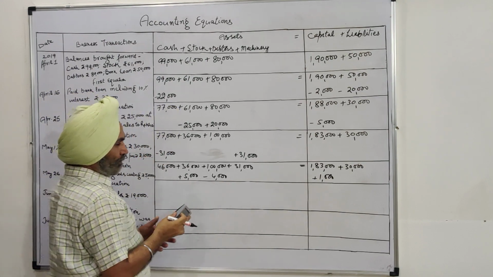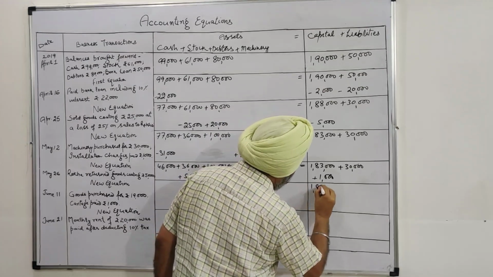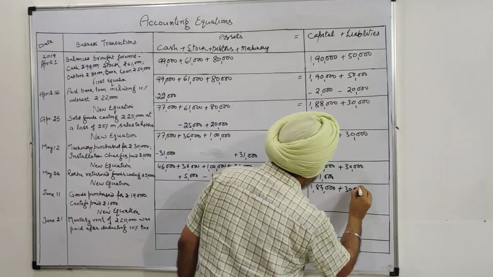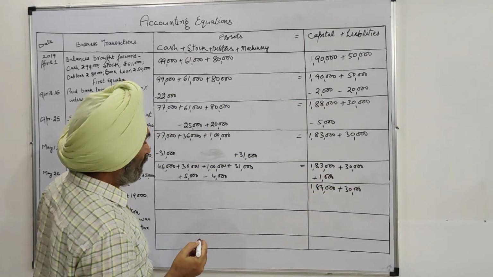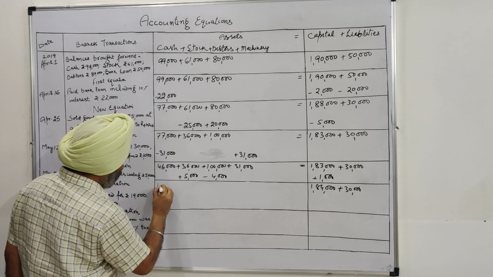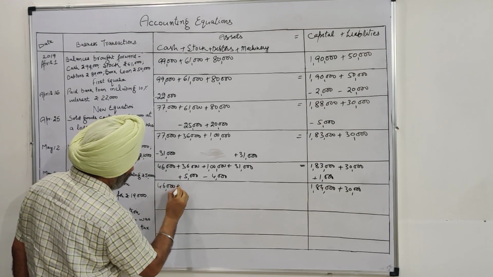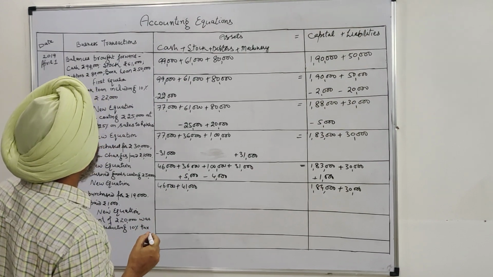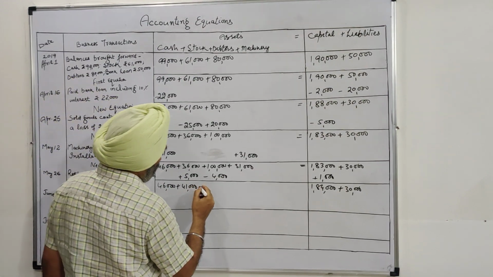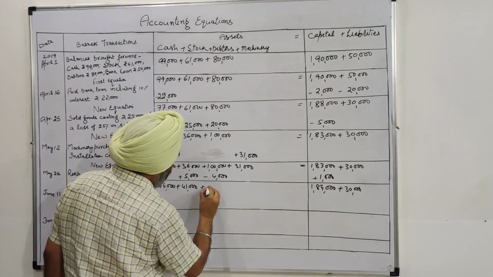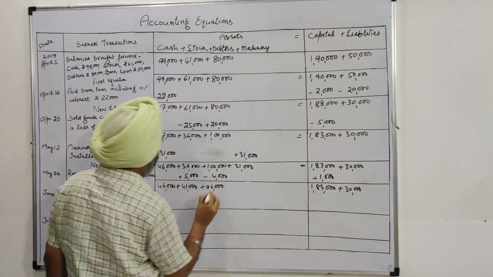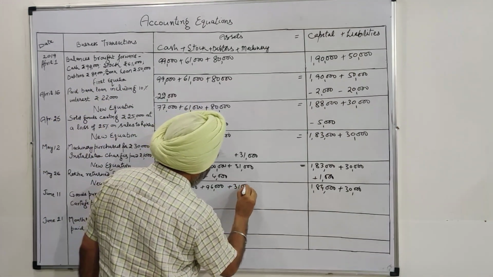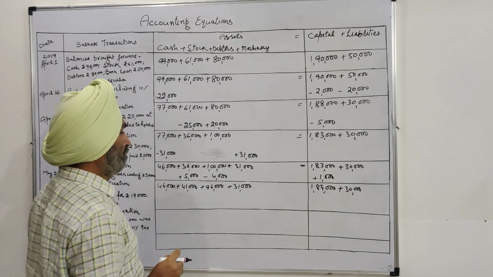So our 1,84,000 is our capital, 30,000 are our liabilities, 46,000 cash, 41,000 are stock, 96,000 will be our debtors, and 31,000 will be our machinery.